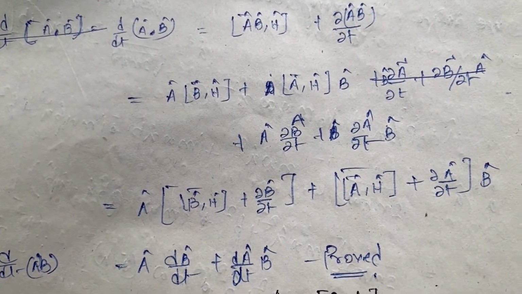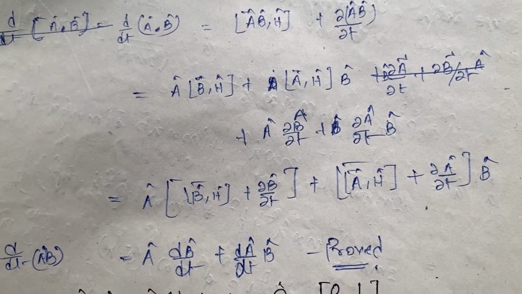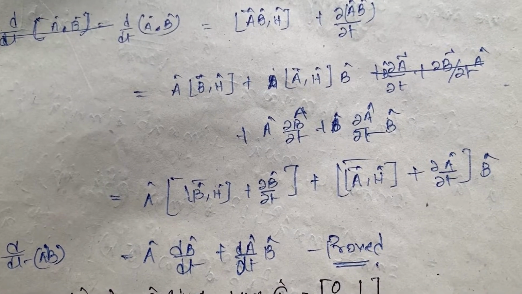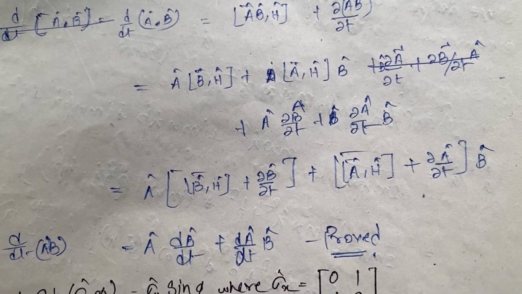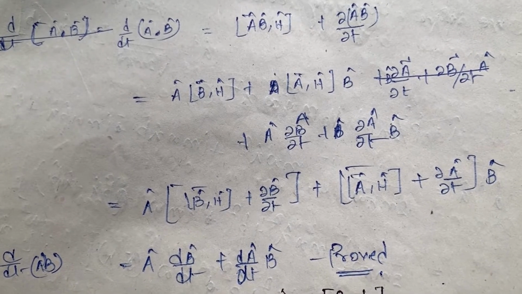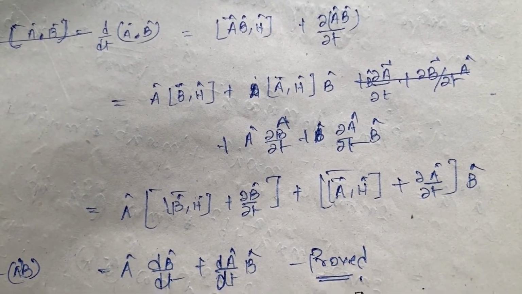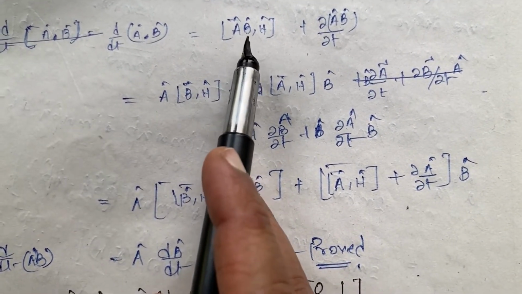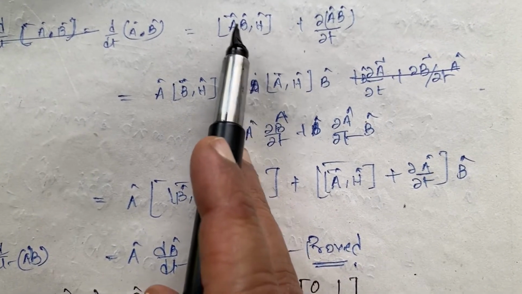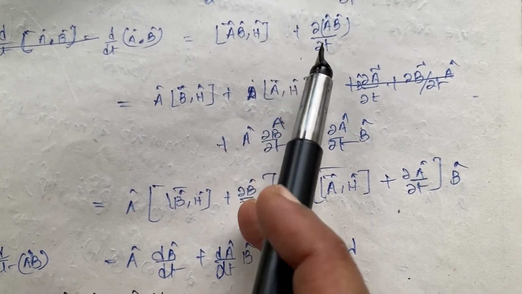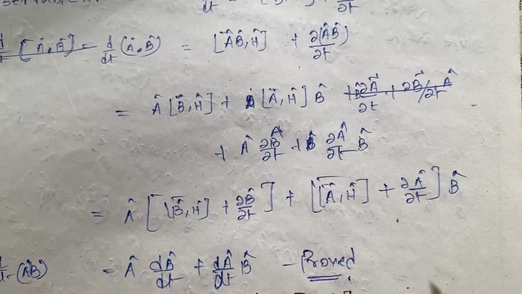Now according to the Heisenberg equation of motion, the time derivative of the product of the two operators, A operator, B operator, looks like the commutation relation of the product AB with the Hamiltonian plus the partial time derivative of the product AB.